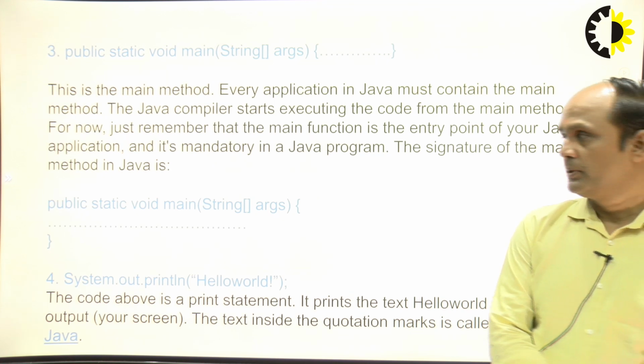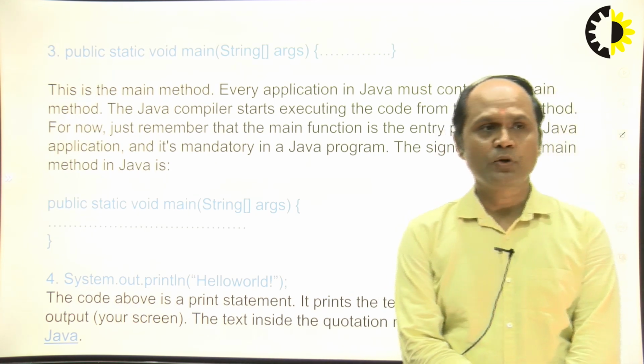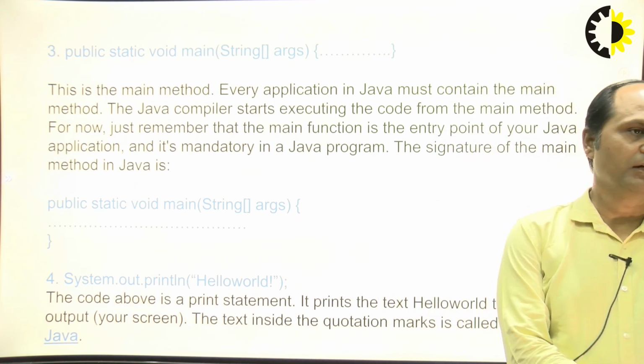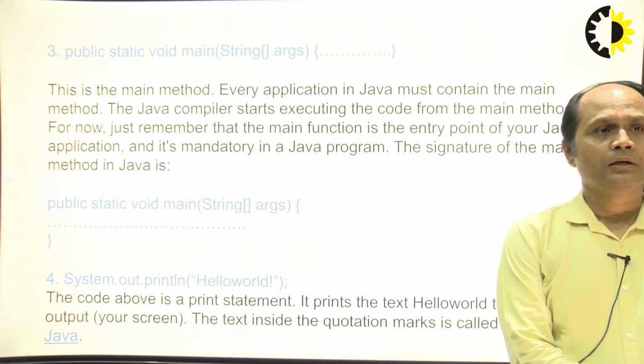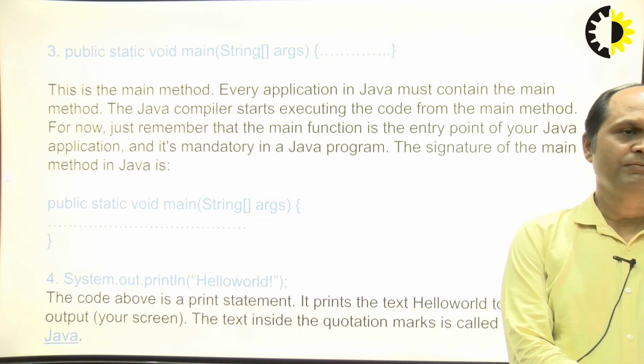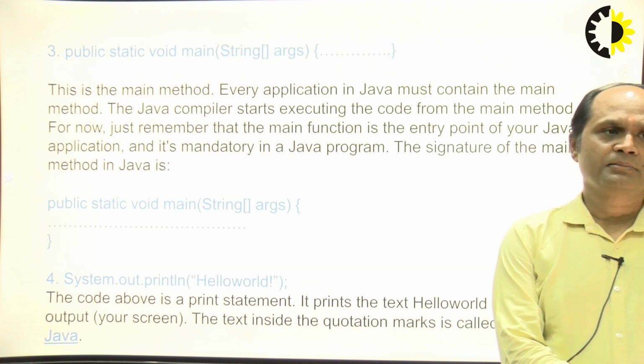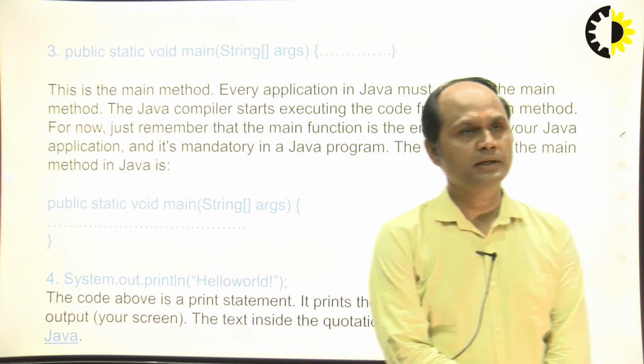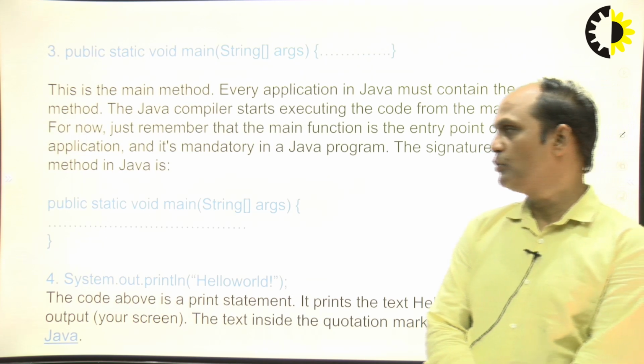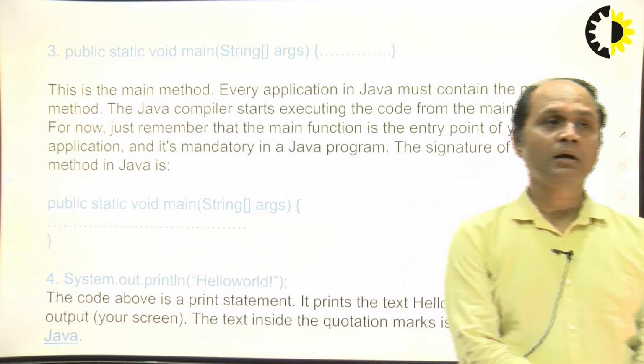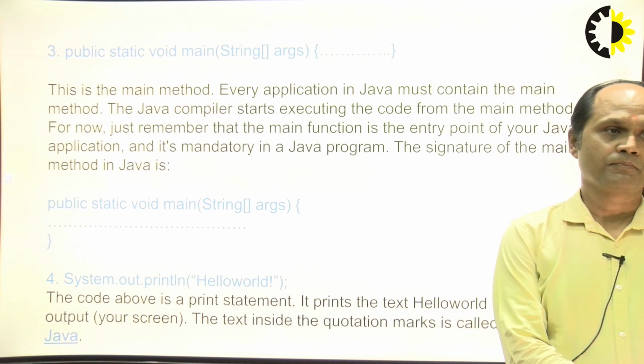We use public. What is public? Public is an access modifier. Static is a keyword that is used when we cannot create an object of that particular class. If we remove the static keyword, then the program will not execute.